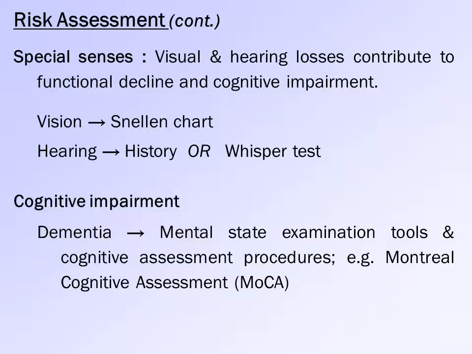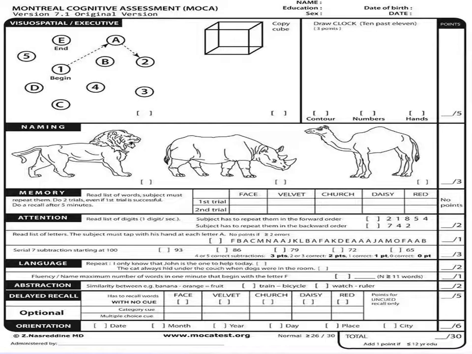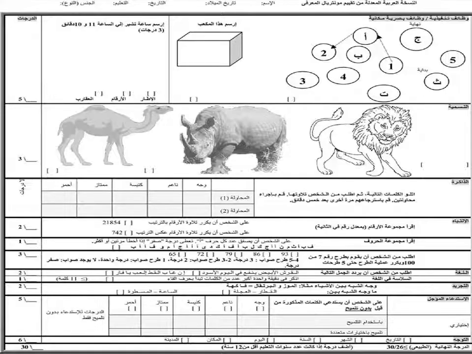For cognitive impairment, to detect dementia, mental state examination tools and cognitive assessment procedures can be used, such as the Montreal Cognitive Assessment Tool. And this is a picture of the Montreal Cognitive Assessment Tool. And this is another picture of the tool, representing the Arabic version of the tool.